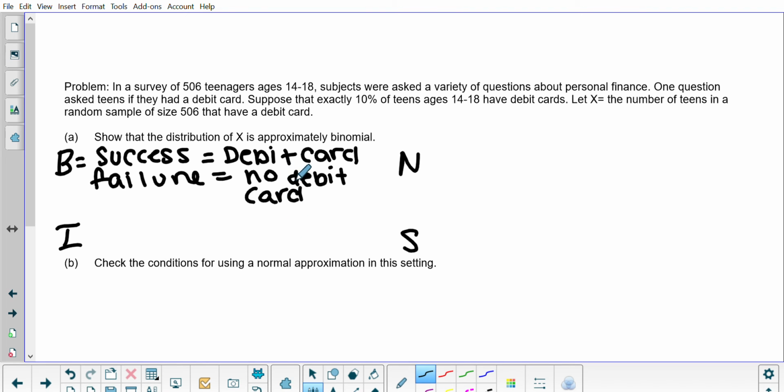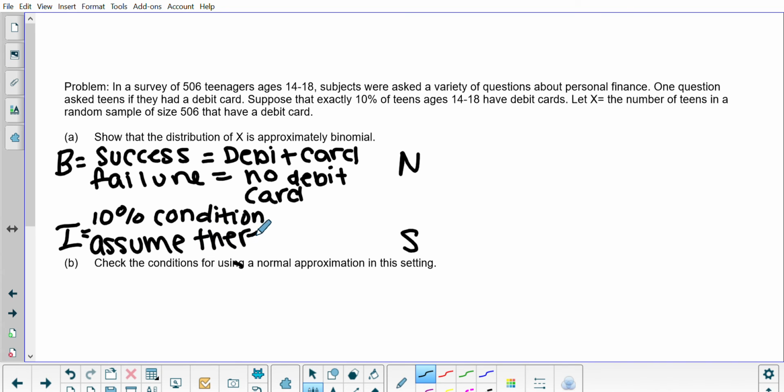Independence. So I don't see replacement here. So we need to see, will this 10% condition, and you guys will write 10% condition, does it satisfy? And it's safe to assume here that it does. Why can we assume that it does? Because we can assume that there are at least 5,060 teens.